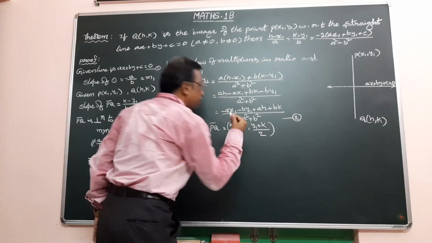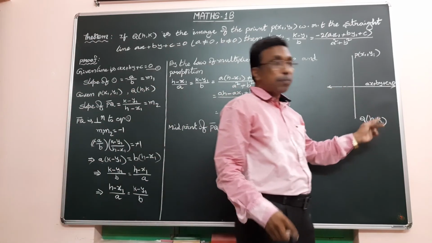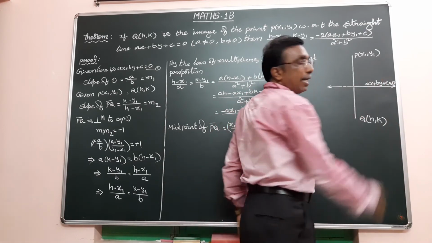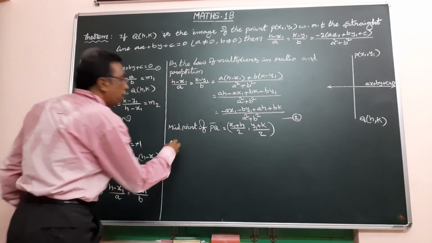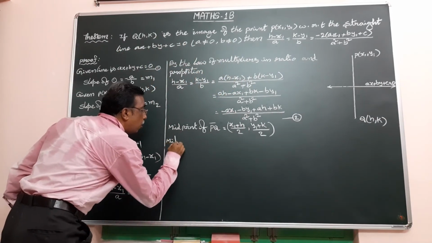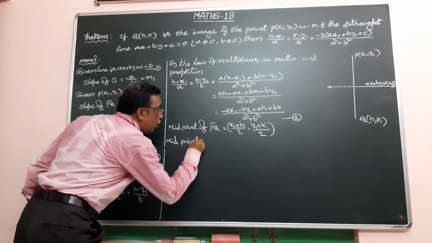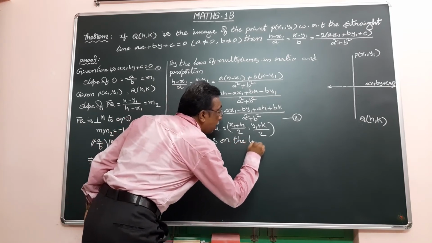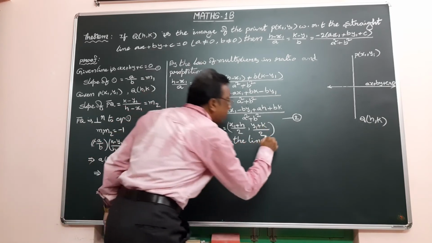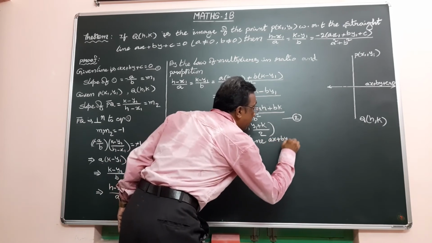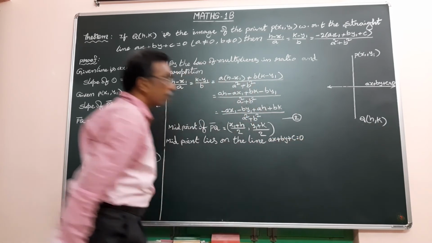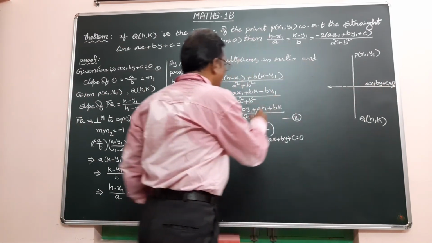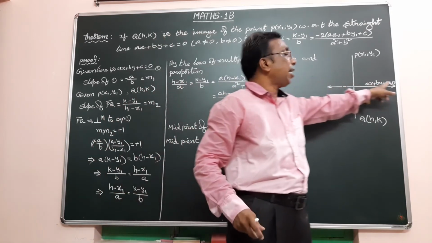This is the midpoint. This midpoint lies on the given line Ax plus by plus c equal to 0. Midpoint lies on the line means the midpoint satisfies this equation.